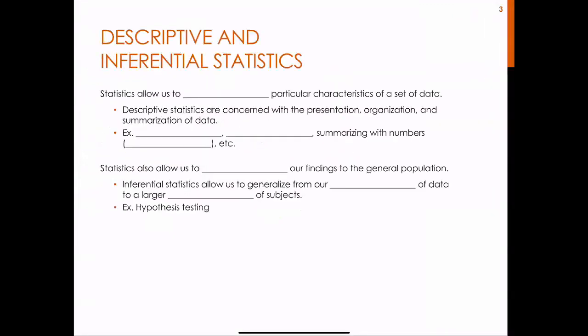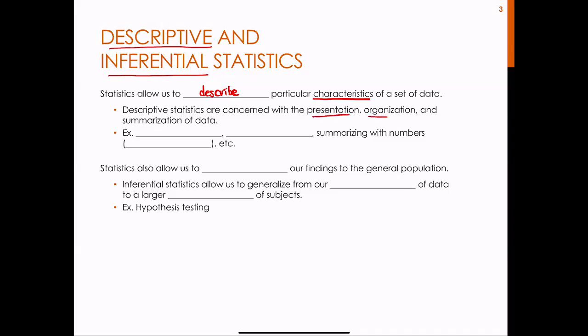So here we talk about descriptive and inferential statistics. Statistics allow us to describe particular characteristics of a set of data. They are concerned with the presentation, organization, and summarization of data.